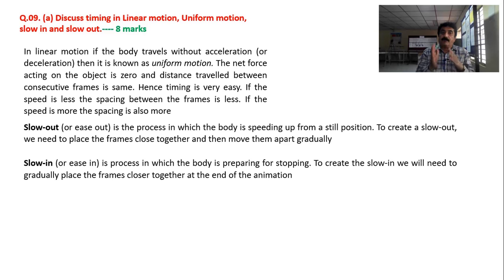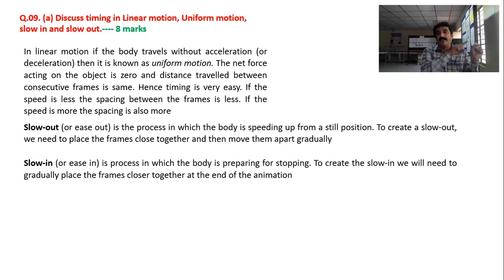For small parts, acceleration is assumed to be constant. Actually, while walking also our acceleration is not constant, but for a small interval of time, acceleration is assumed to be constant. By assuming constant acceleration for a small interval of time, we divide it into 2 parts, namely slow out and slow in. For example, a car.